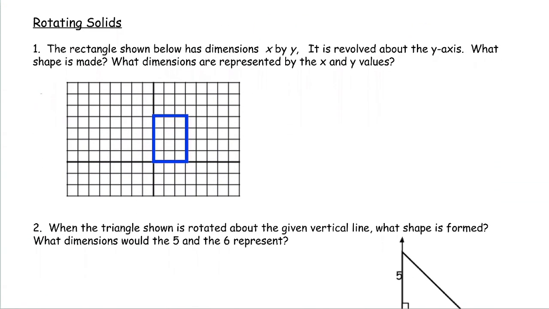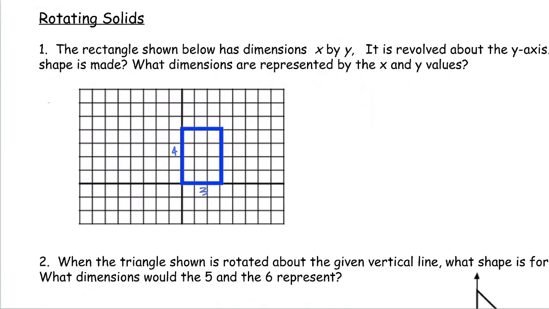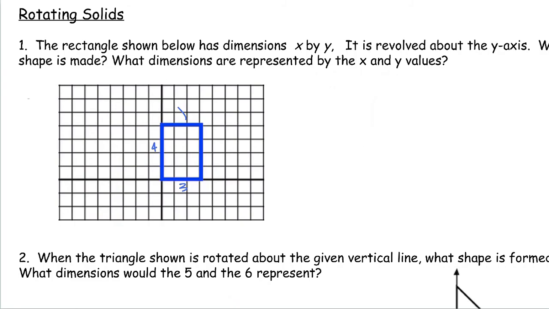So rotating solids: if our rectangle shown below has dimensions of x by y, in this case 3 by 4, and it is revolved around the y-axis. If I spin this, think about a sticky note that is attached to a pencil.